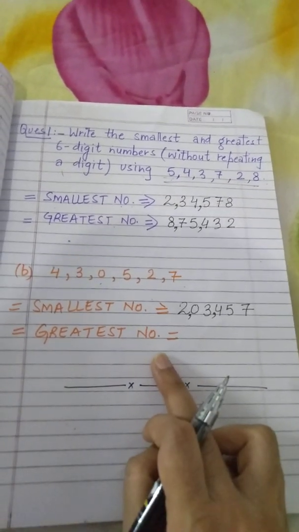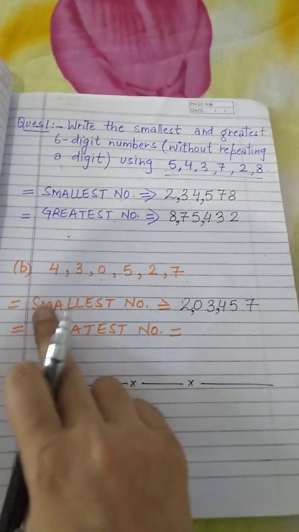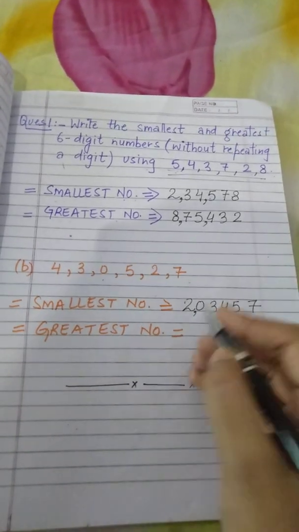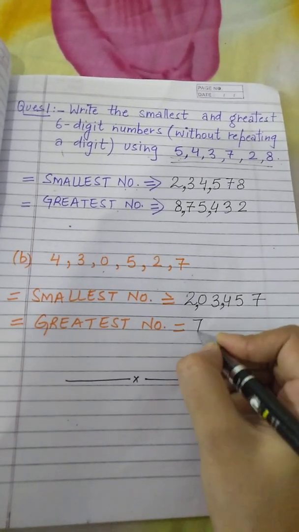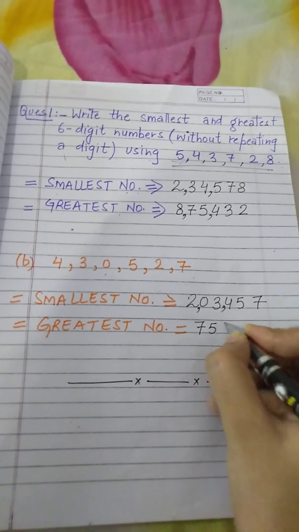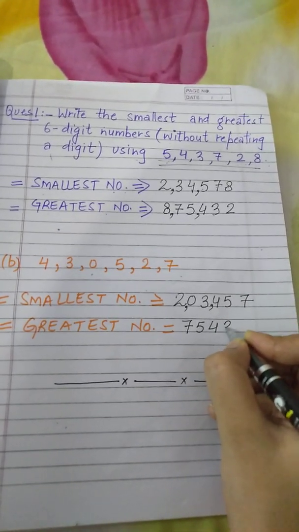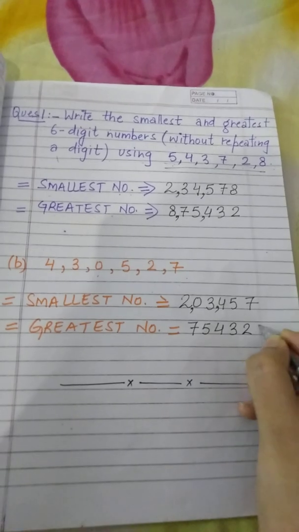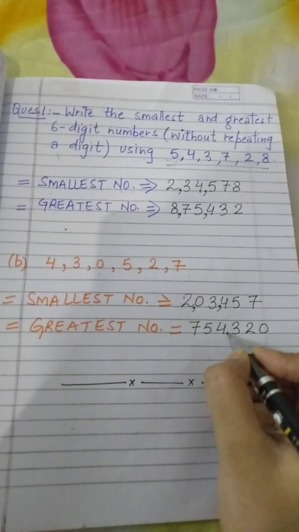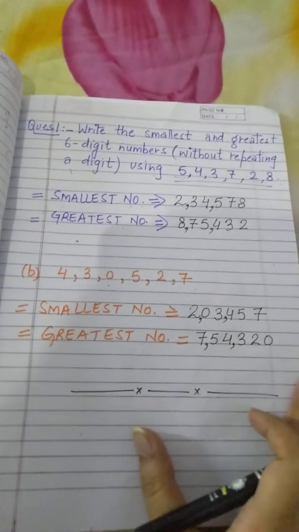And to form greatest number, we will arrange the digits according to the descending order, that is 7, 5, 4, 3, 2 and 0, and after this just put the commas.